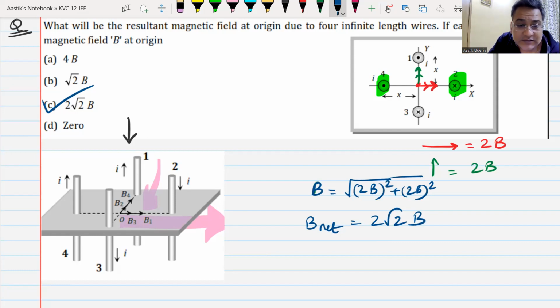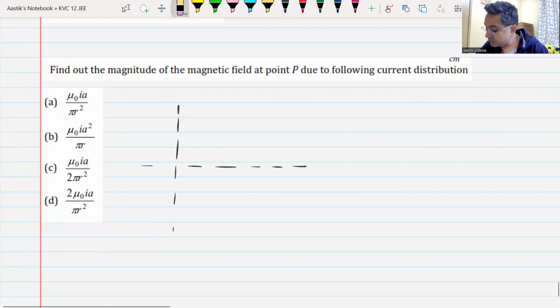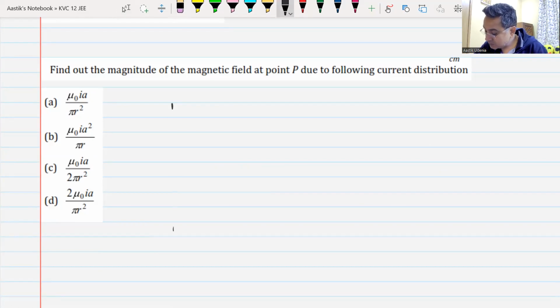This is the next question, and I can't show you the diagram because in the diagram everything is given. So I will draw my own version of the diagram, and you have to find the magnetic field at this point.